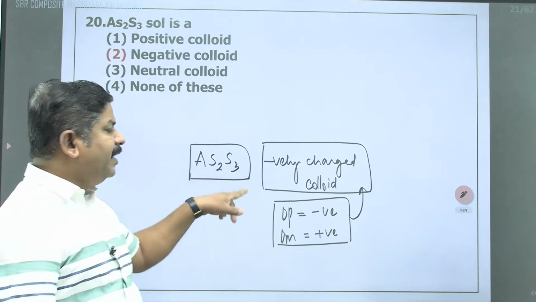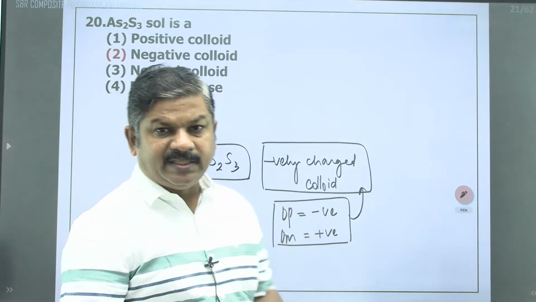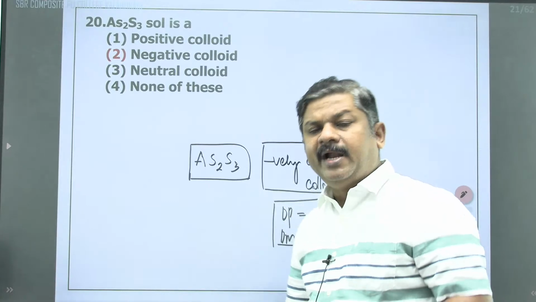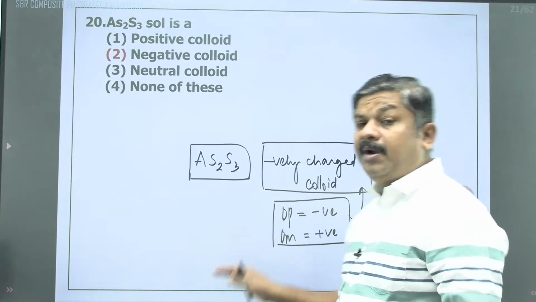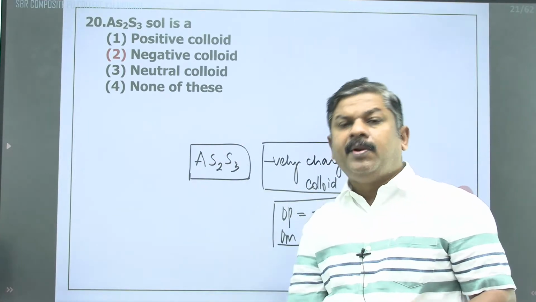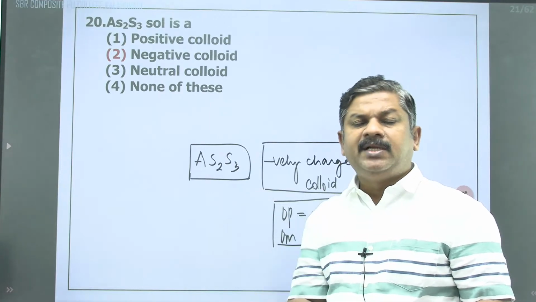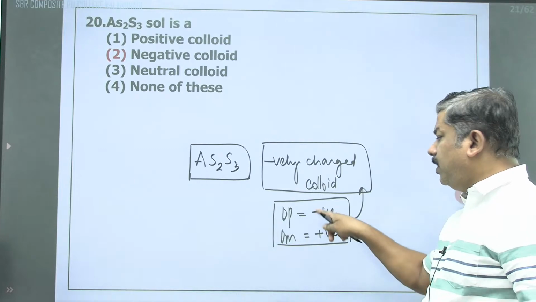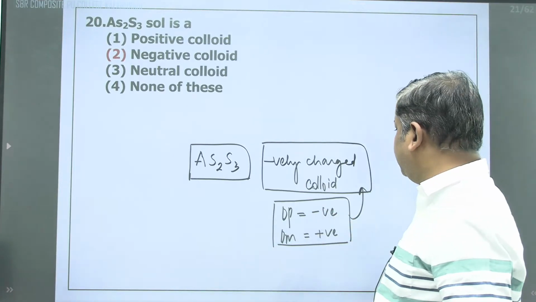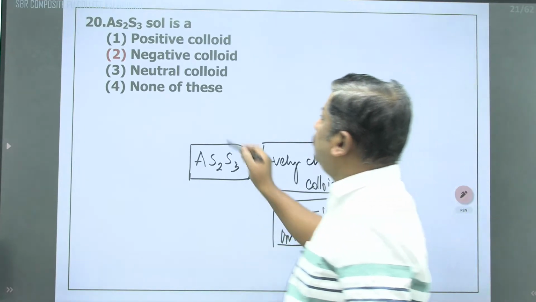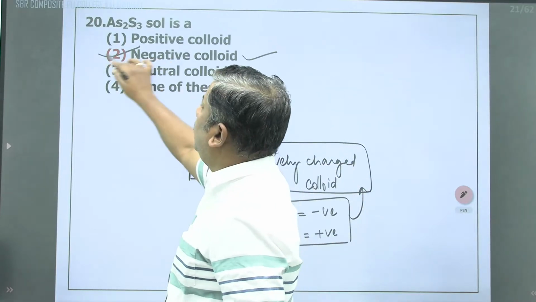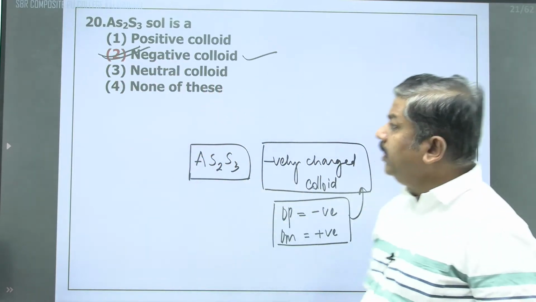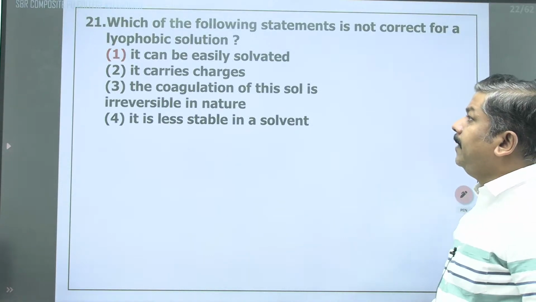So depending upon the charge present on the dispersed phase, the colloid can be classified into negative or positively charged colloid. But basically, the overall charge present on the colloidal solution is neutral because of the presence of equal and opposite charge in the dispersed phase and dispersion medium. So this one is an example for negatively charged colloid. Question number 20, second option is correct.